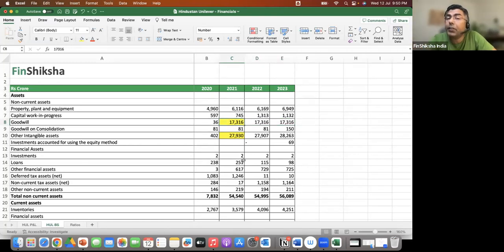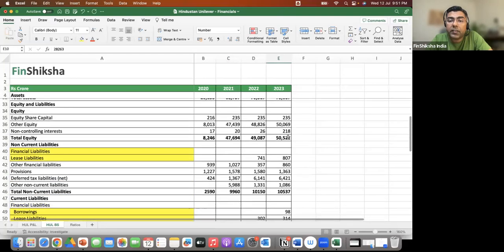Now, remember, in this particular case, because this is FMCG and there is a brand value that is involved, it's fine. In other businesses, if you find a goodwill that is coming, you have to be a little bit careful, because technically, if the company closes today, all your liabilities are basically going to get settled, assuming these assets get this value, right?